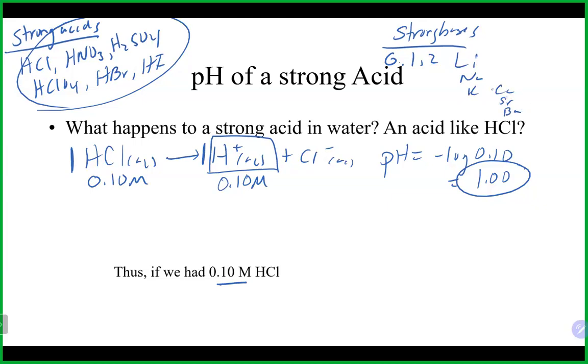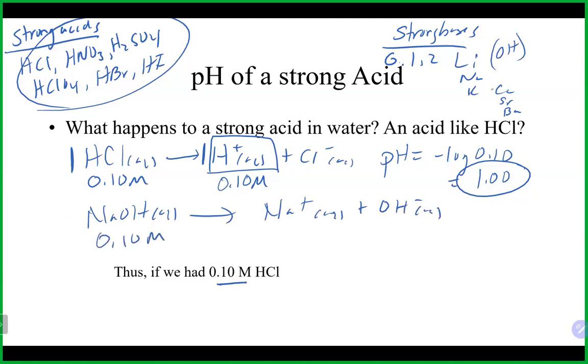These with OH in them are typically our strong bases. So if you had something like sodium hydroxide, a strong base, which broke apart into sodium ion and hydroxide ion, and let's just say it was also 0.1 molar.